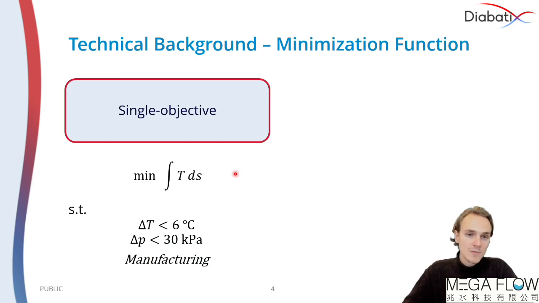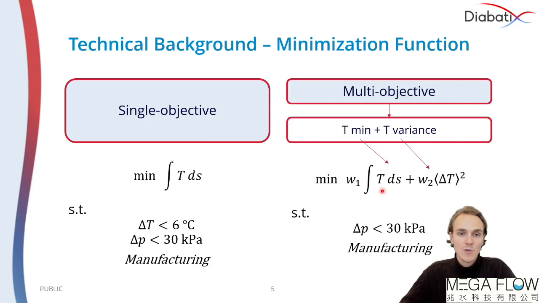But with multi-objective, what you can actually do is translate some of these hard constraints into a further objective. So now we're looking at the multi-objective statement, where we are not only optimizing for a low global temperature, which is the first one here, but also for the temperature variance here.